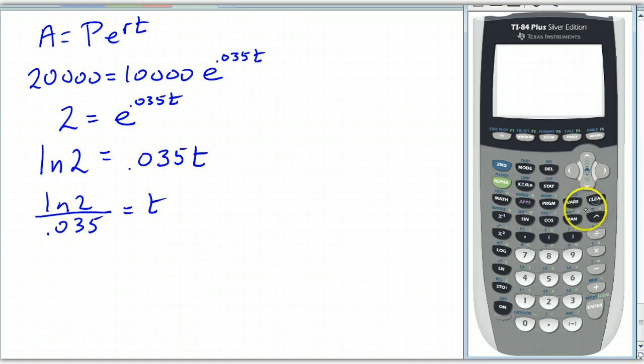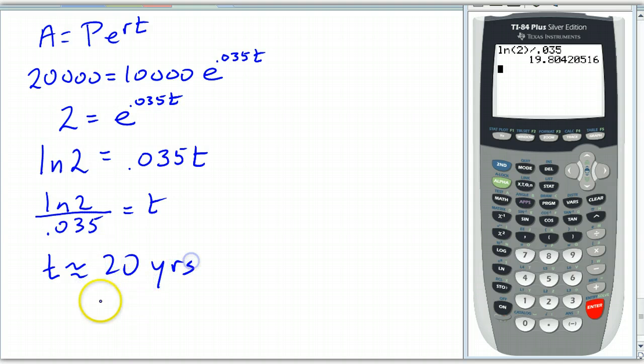And we work that out in our calculator. Natural log 2 parentheses divided by 0.035 is 19.8. So it's going to take approximately 20 years for it to double at 3.5% interest rate.